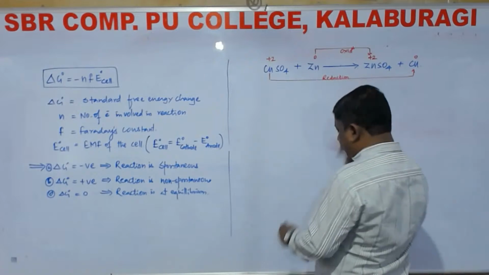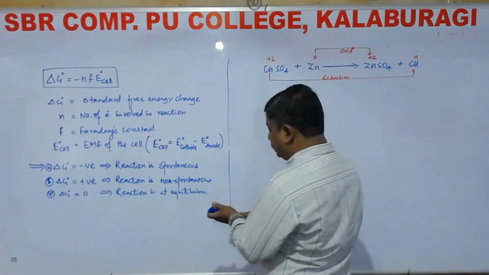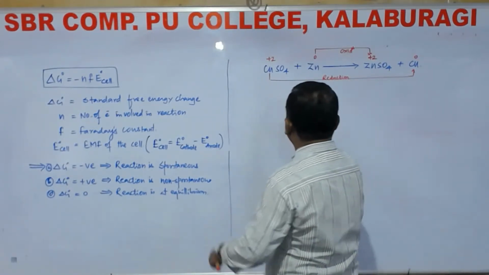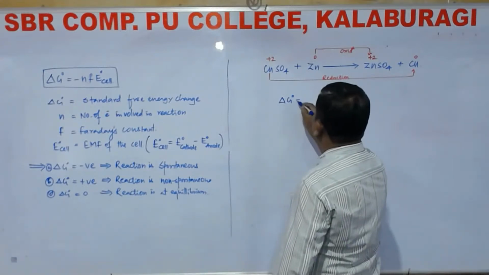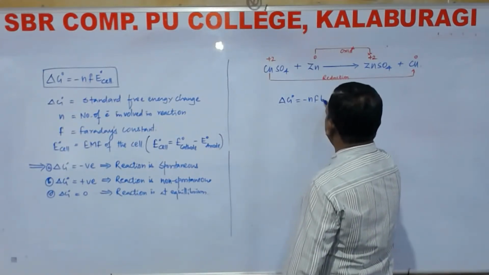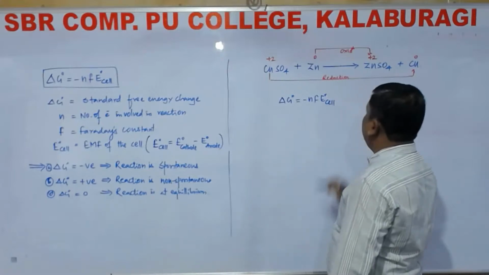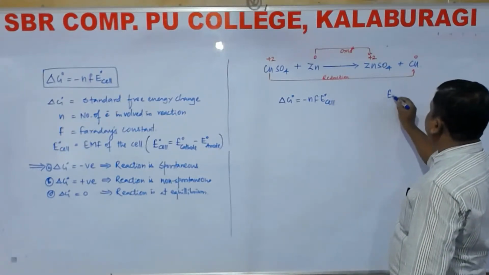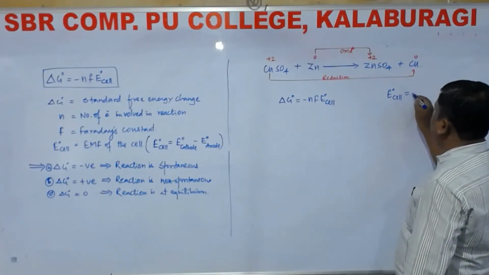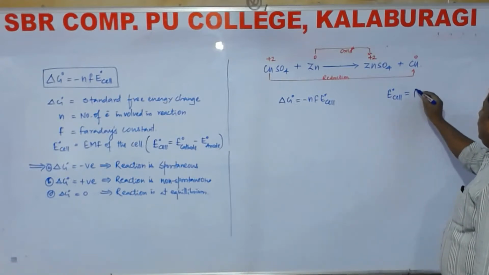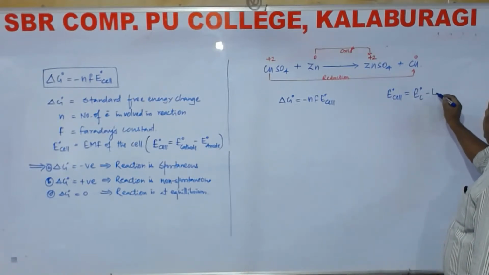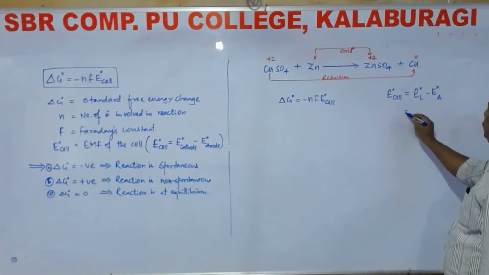Now in this reaction, the formula is ΔG° = -nFE° of the cell. We have to calculate E° of the cell separately. E° of the cell is E° of the cathode minus E° of the anode.